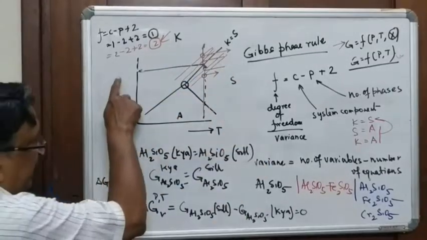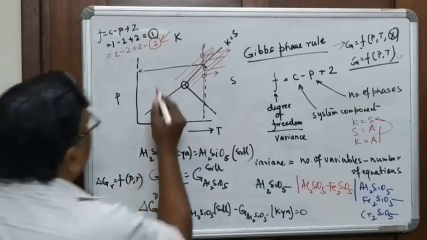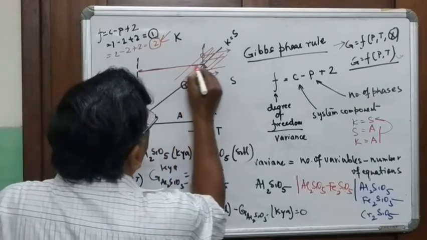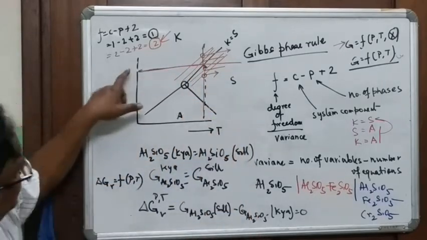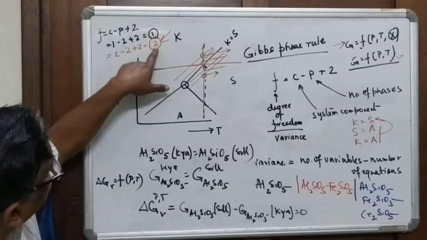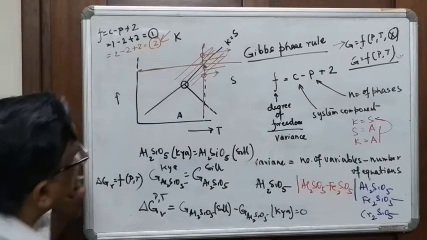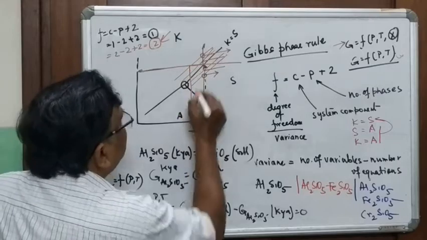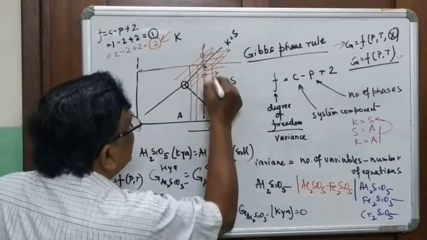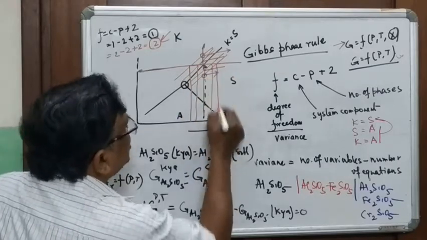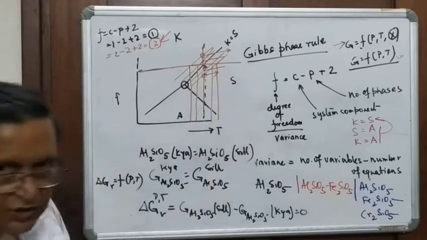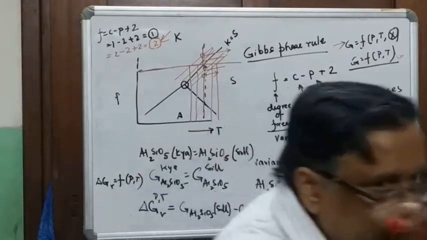If you take a pressure, then if you take this line, this line varies. You can assign a pressure value, you decrease the variance by 1, but you still have a difference in pressure and temperature depending upon the position of the isopleth. So you need to give a composition to get the exact pressure.